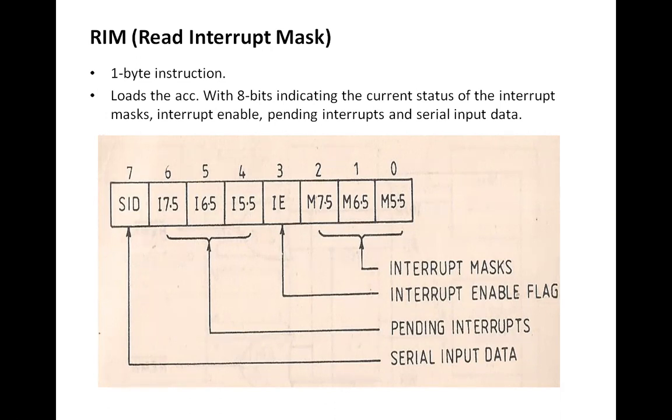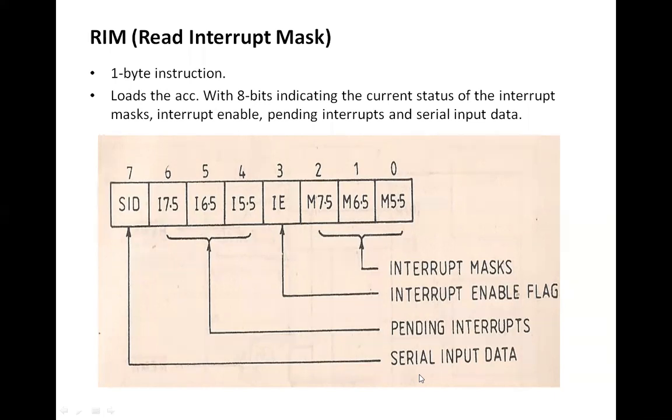Meaning thereby, I'm giving you an example. Suppose there are 2 devices connected with the INTR line, and one device has made an interrupt request, and that interrupt request is being entertained by the processor, and that device has asserted an RST instruction, and its service subroutine is being executed.